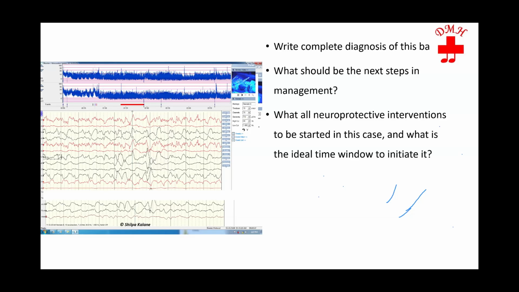Yeah, correct. So hemodynamic monitoring and management. No hyperthermia, no hypoglycemia, no hypocalcemia. Okay, so that should be the first management. No hyperoxia and no hypocarbia.